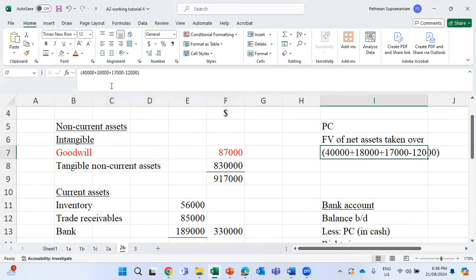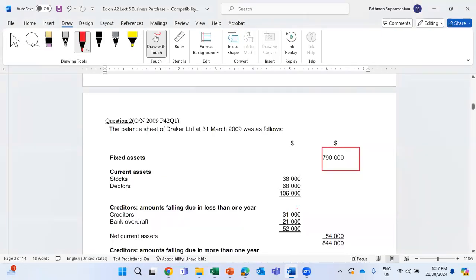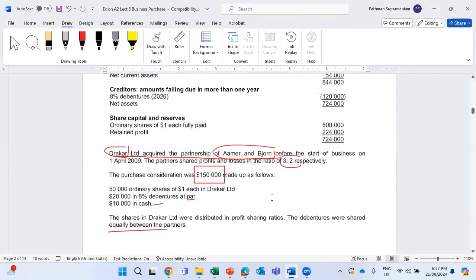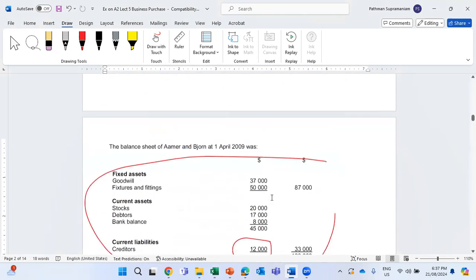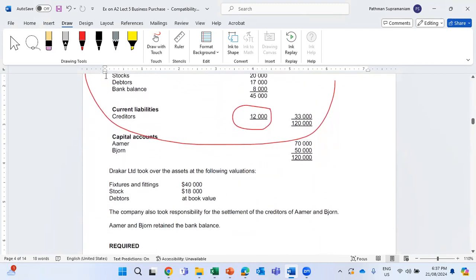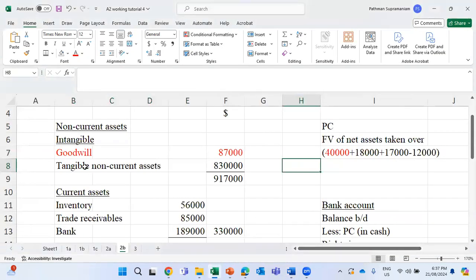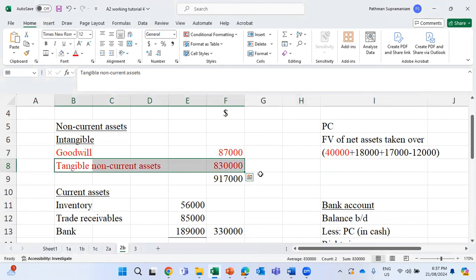So that 40,000 is the non-current assets taken over, which is here. This one. This is a non-current asset. So like I said, the original SOFP for the buyer, you just add on the revalued amount. Okay. So that's how we get this figure.